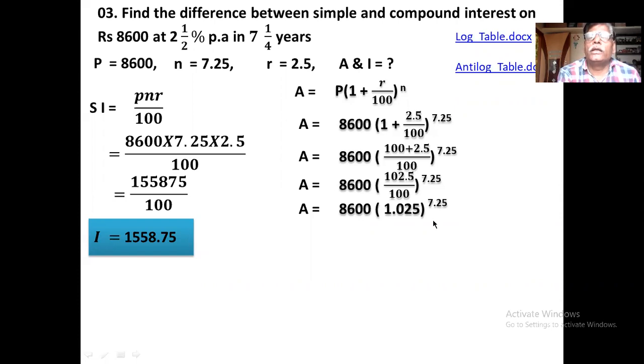In this stage, you apply the logarithm. So log A is equal to log 8,600. Yes, any problem? Log 8,600 plus log.